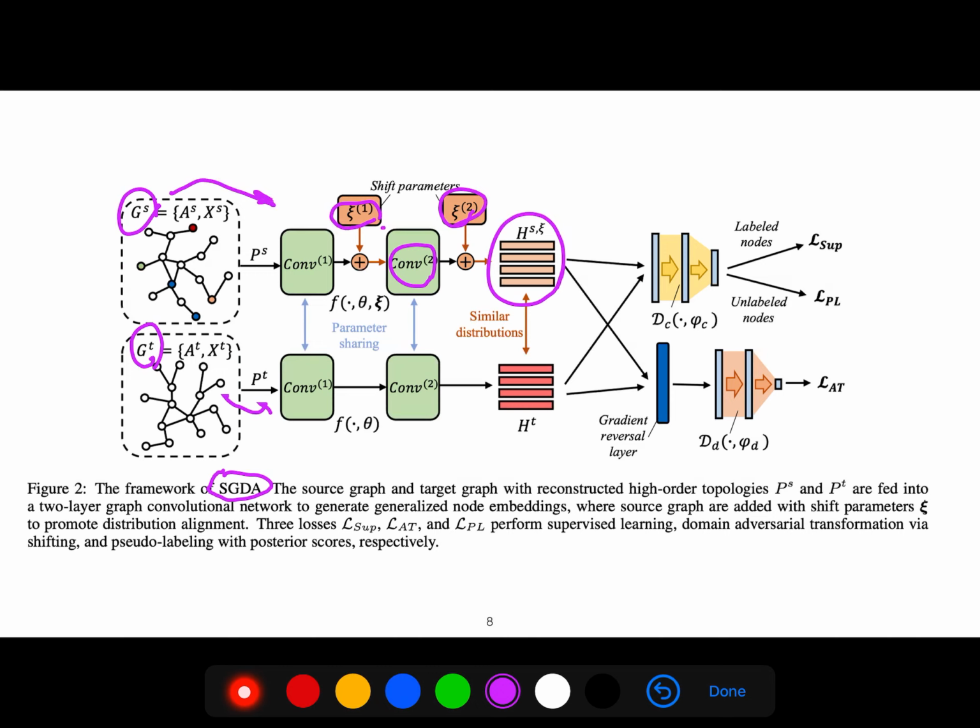Three losses perform supervised learning: domain adversarial transformation via shifting and pseudo-labeling with posterior scores.